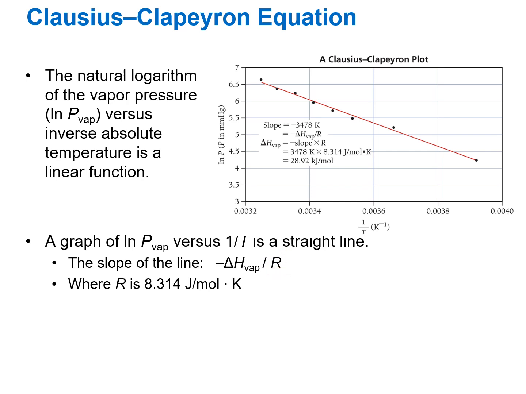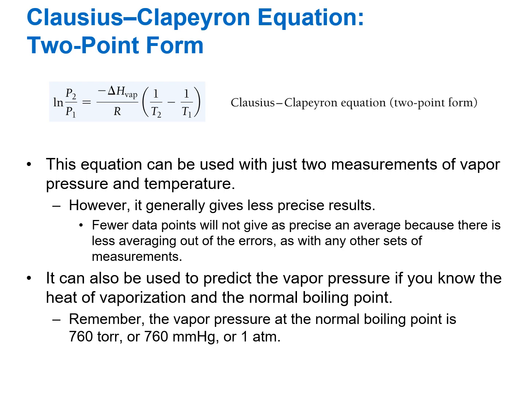Now we can further expand on the Clausius-Clapeyron equation, and with 2 points, we can find the heat of the phase transition from the vapor pressures at 2 different temperatures. So it's sort of like an average, but it gives a less precise result.